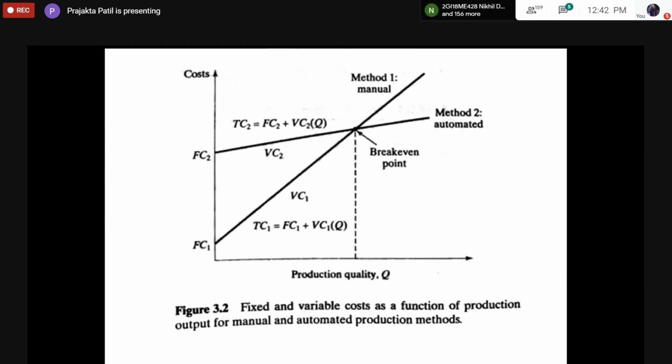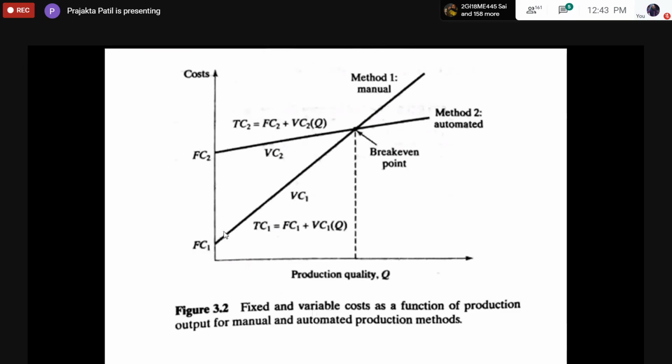When you're comparing automated and manual production methods, it is typical that the fixed cost of the automated method is high relative to the manual method. On this cost side, the lower line indicates the manual method, and the line on top indicates the automated method.